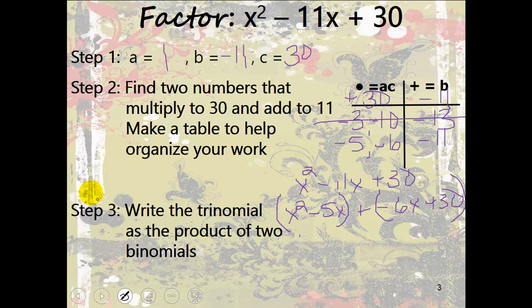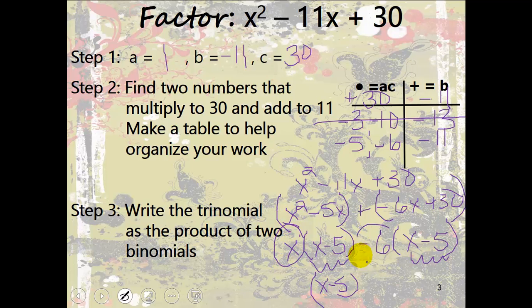And that leaves me x minus 5. And then I'm going to pull out a negative 6, which leaves me x minus 5. And then I have a match here and here. So I get x minus 5 times x minus 6.